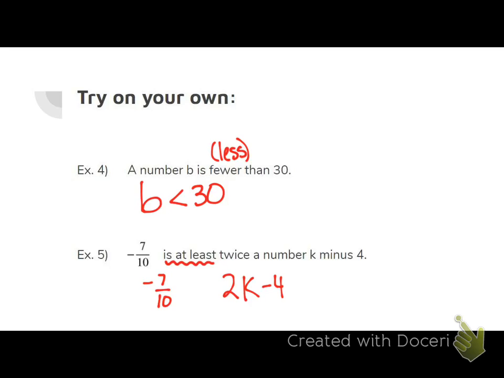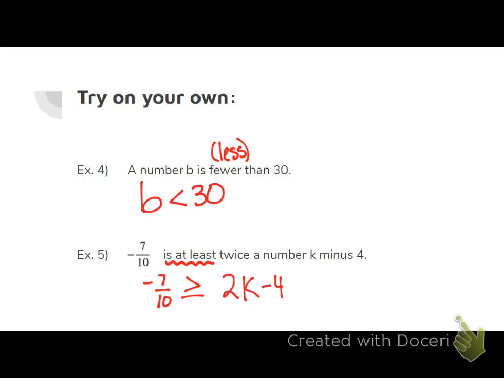Okay, so then comes the decision of what symbol goes in between these two parts. So is at least, I would agree that at least means that it could be the same as, or it would have to be bigger than it. So is at least means that it would be greater than or equal to.